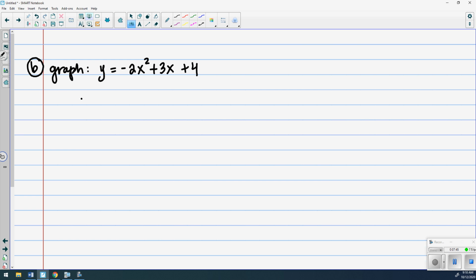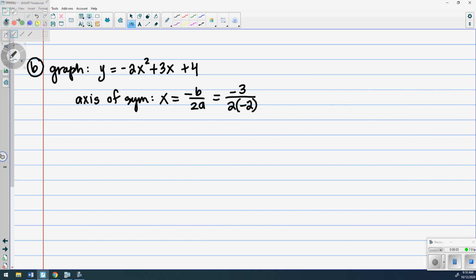Axis of symmetry is first. So x equals negative b over 2a. In my case, negative 3 over 2 times negative 2. Do you see where I'm getting those numbers? If it helps you to highlight, please do the highlighting.